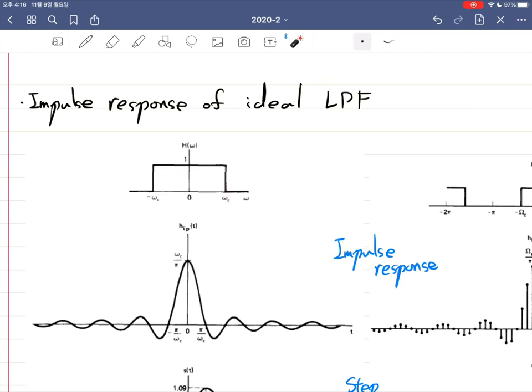I mean, from minus omega c to plus omega c, you're going to pass these values, the ones with this low frequency, and you're going to eliminate the frequency which is higher than omega c and lower than minus omega c. However, in many filtering problems, it is very hard to establish this criterion, establish the standard where to cut. Okay, this is the first problem of this ideal LPF.